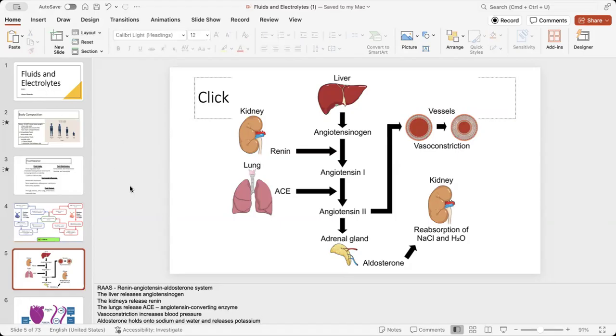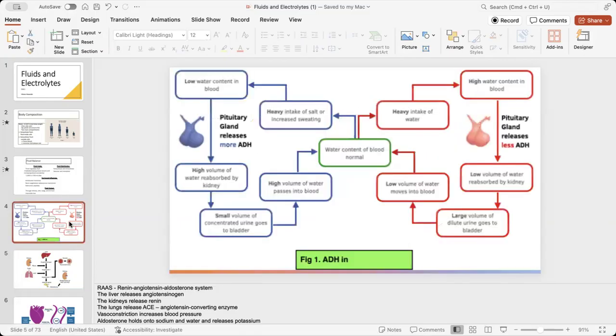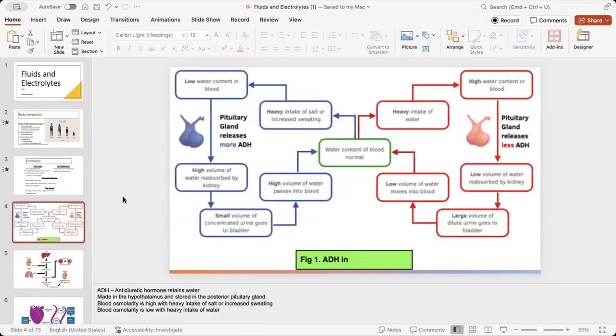Turn to your partner. Explain antidiuretic hormone and how it works. Go.